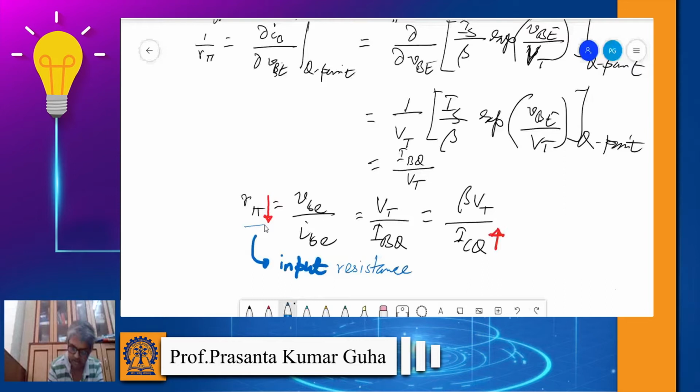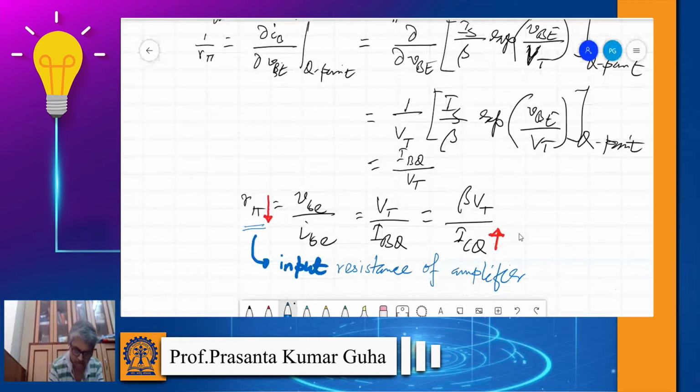You see that it will decrease if we increase ICQ, right? We will discuss later what input resistance or input impedance of the amplifier is. So this is one small signal parameter.